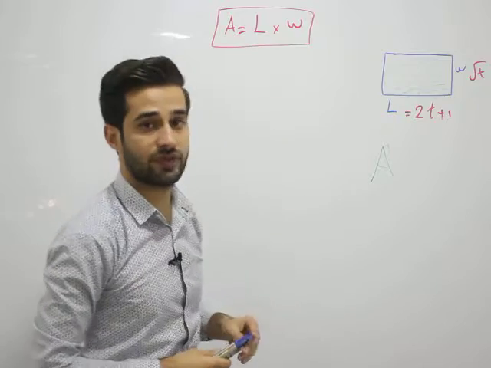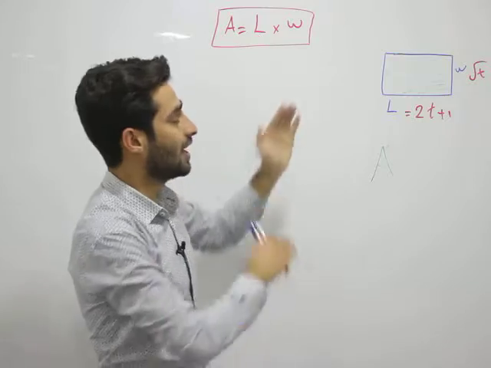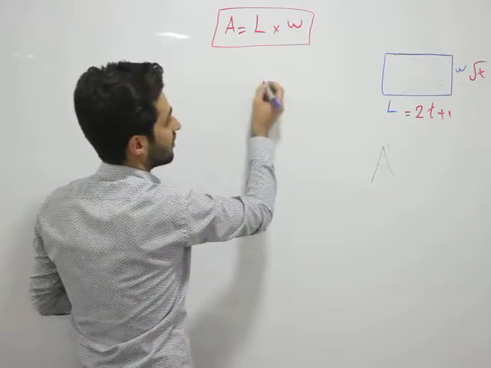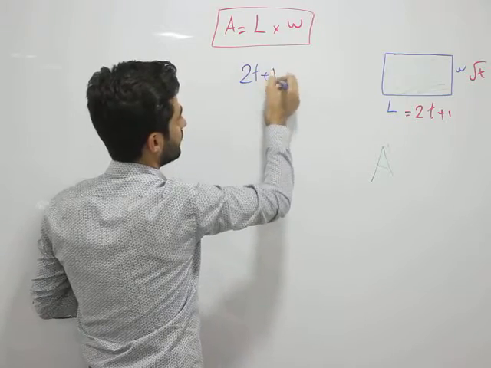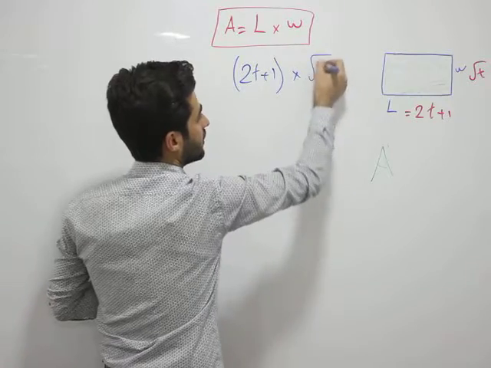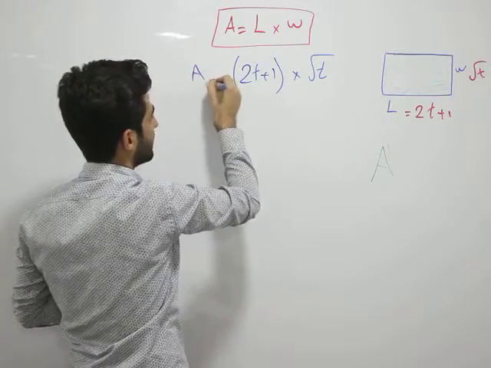Now, this is the rule of the area of the rectangle. Do you remember that? The area is equal to length multiply width. What's the length? 2t plus 1. Multiply this all, multiply by width, square root of t. This is area of this rectangle.